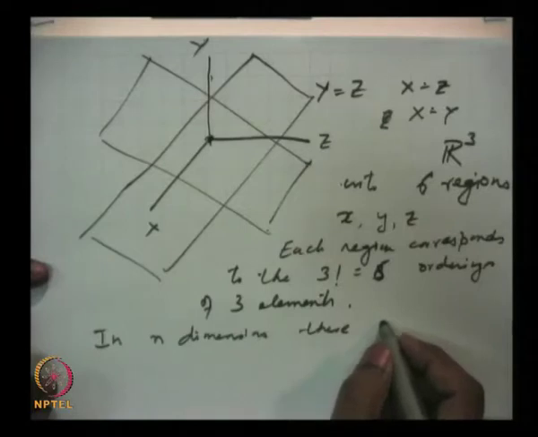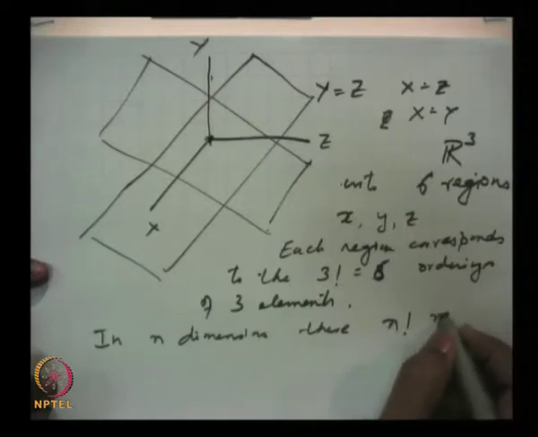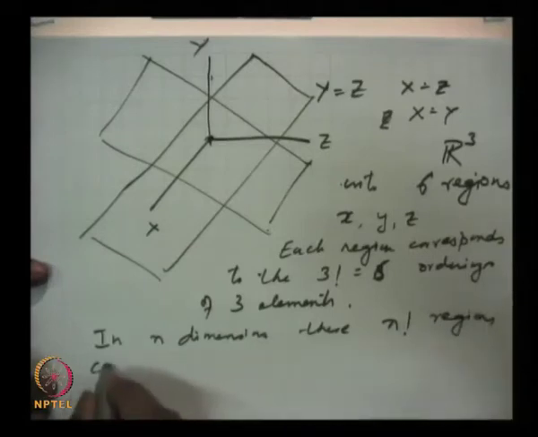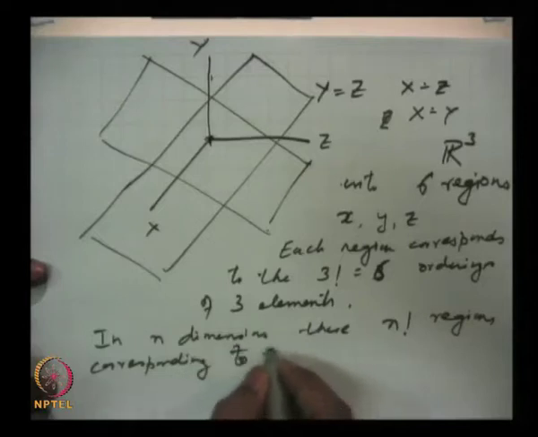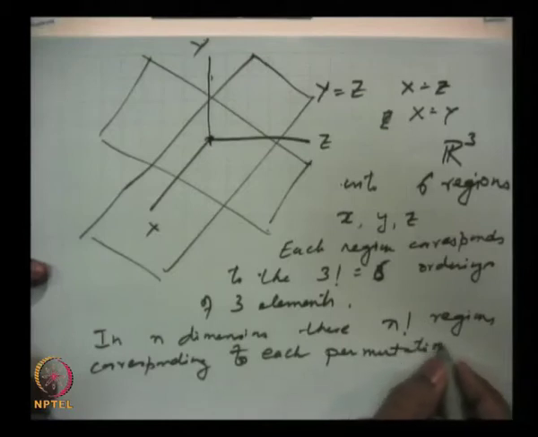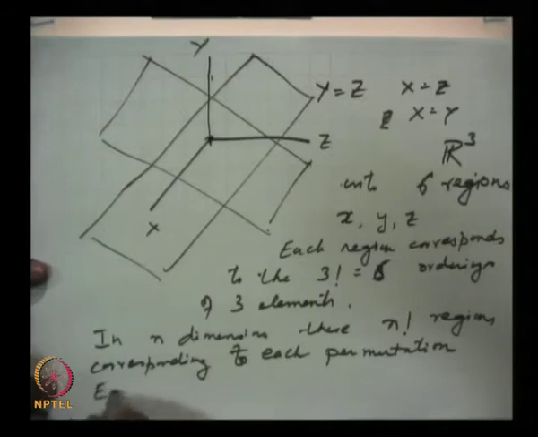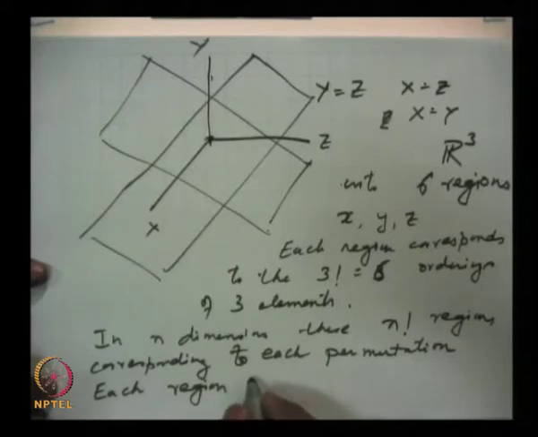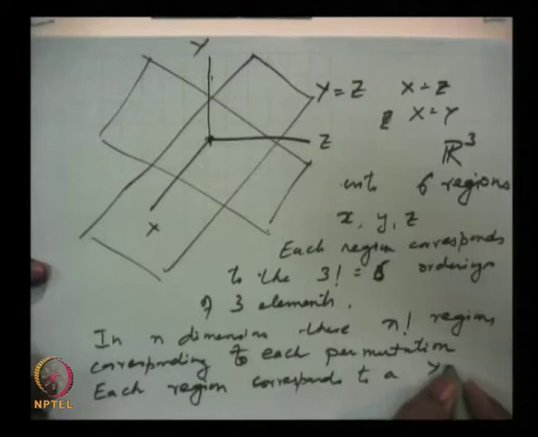Each of the n factorial regions corresponds to each permutation, and each region is a yes or no. The region where there are no duplicate elements corresponds to a yes answer.